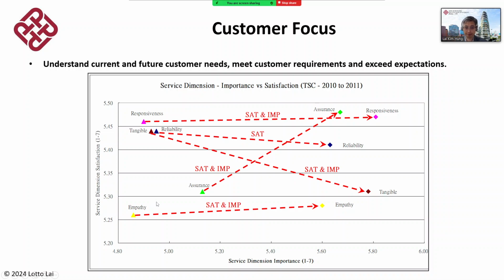You can see from this, ten years ago, in the first year we identified our position, and then in the second year we identified our position after the survey. You can see that some are improving, some are decreasing, giving you the overall picture to improve your service and product.